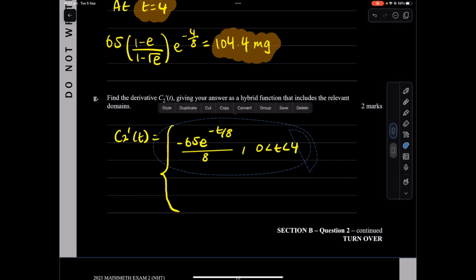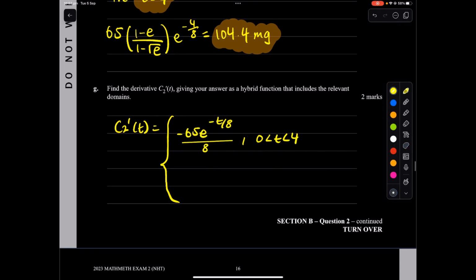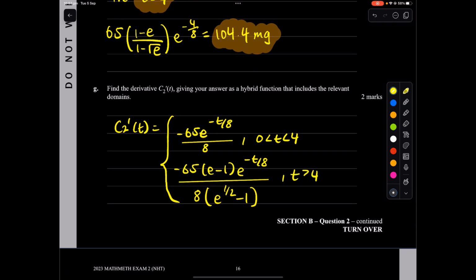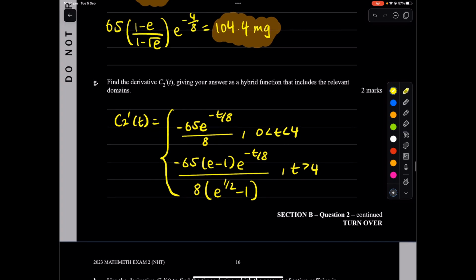So if I bring this over here, e to the negative 2 on 8, all over 8, where t is greater than 4. So that is your hybrid function. Find the derivative with the appropriate rule for domains. It looks right. Hope that is right.